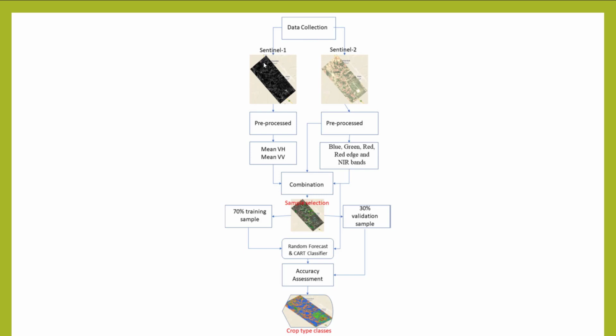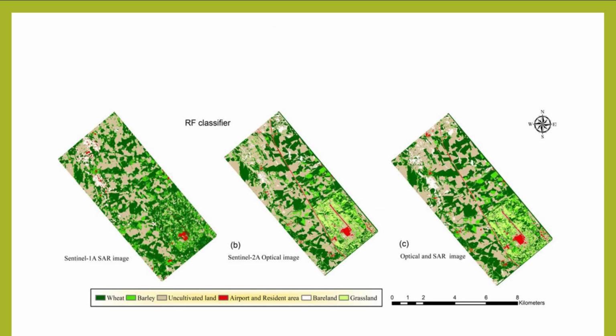We have data collection from Sentinel-1 and Sentinel-2, then pre-processing data, create mean VH and VV, select blue, green, red edge, and near bands, then combine them, dividing our data for validation and training samples, then apply random forest and CART classifier, find accuracy assessment, finally crop type classes.